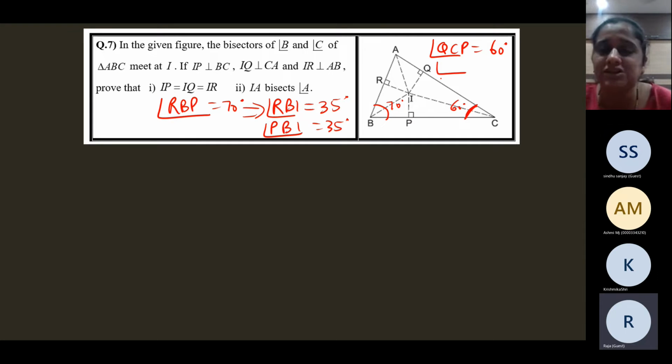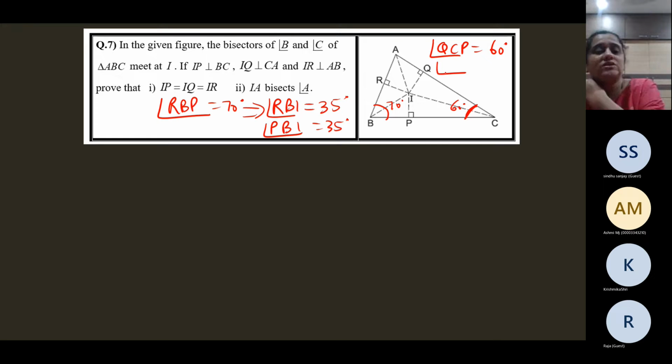Krishmika, which are the two equal parts? If angle QCP is 60 degrees, we know that CI bisects angle QCP.